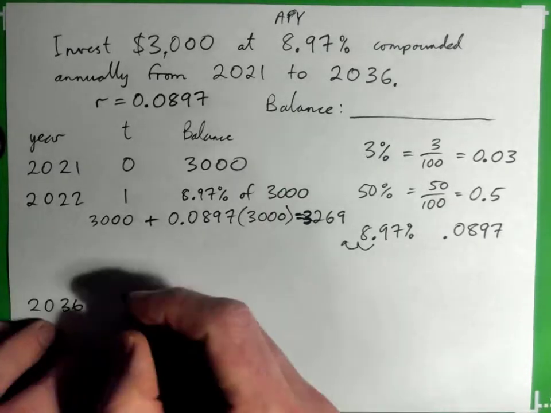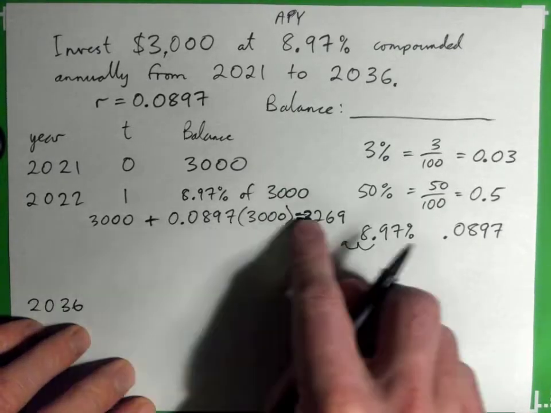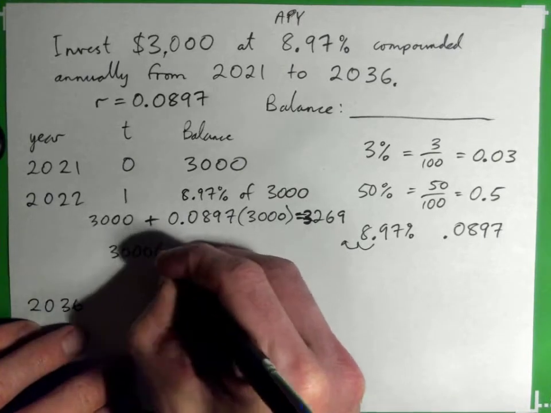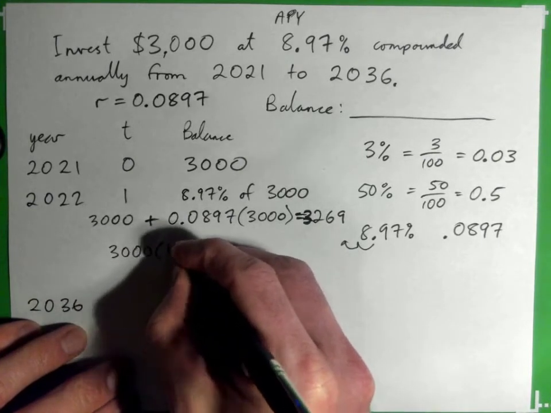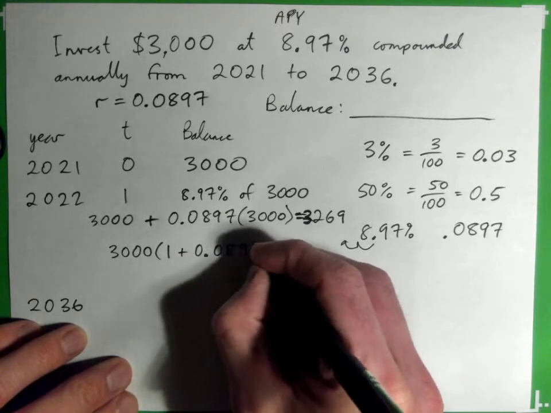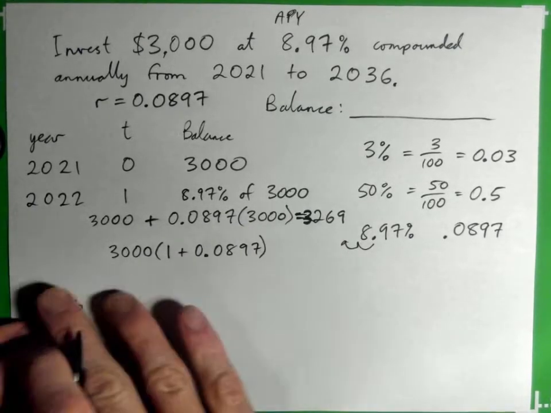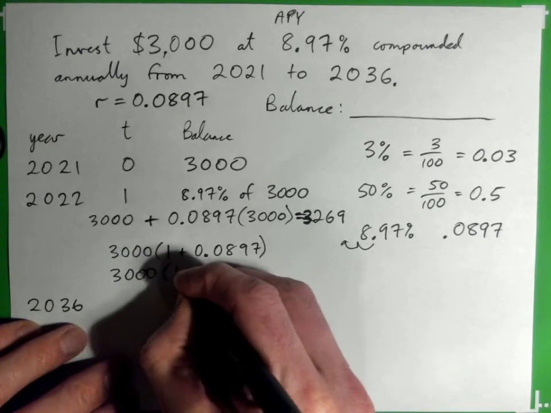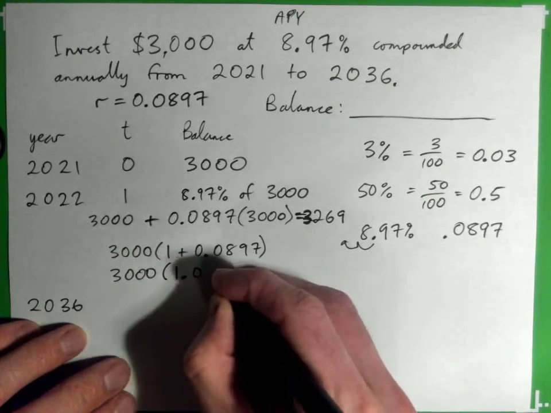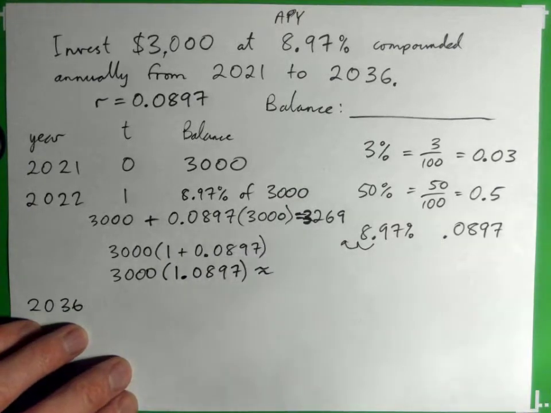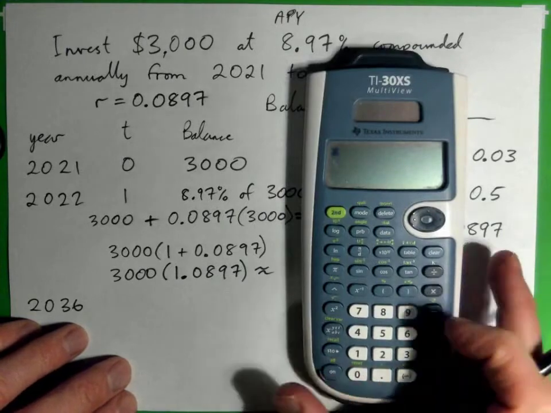How to get the answer in one go is you go 3,000 times 1 plus 0.0897. Remember that? We had a whole lesson of this. Or 3,000, even better, times 1.0897.